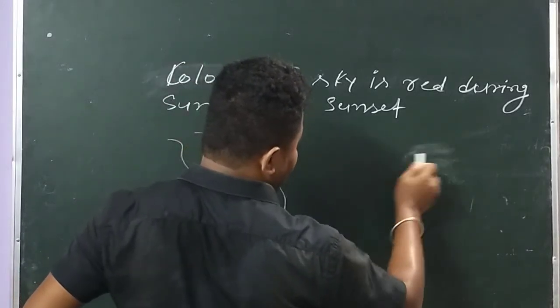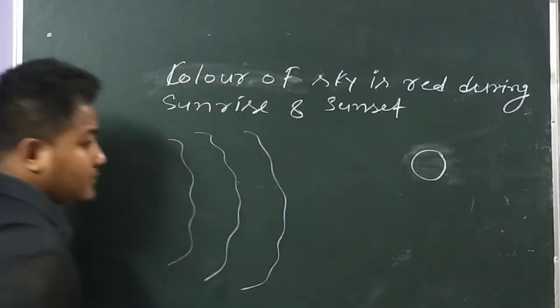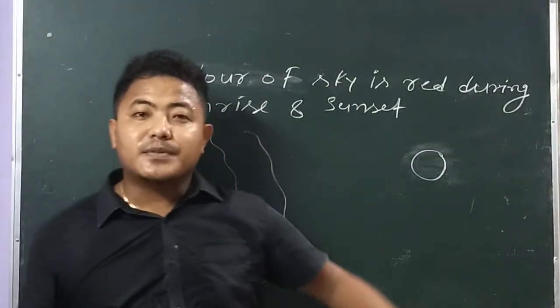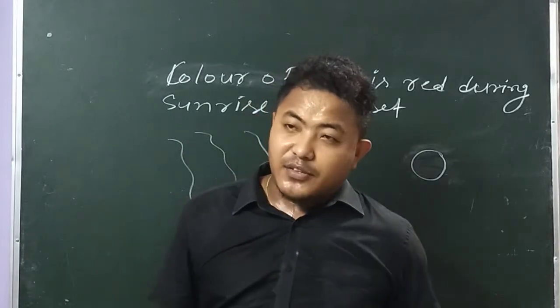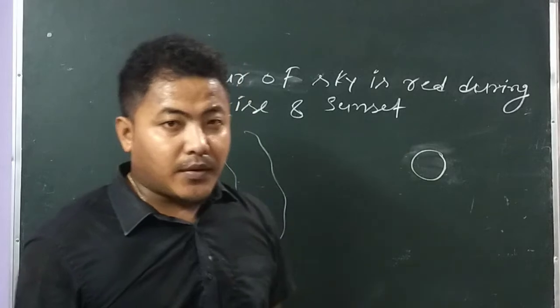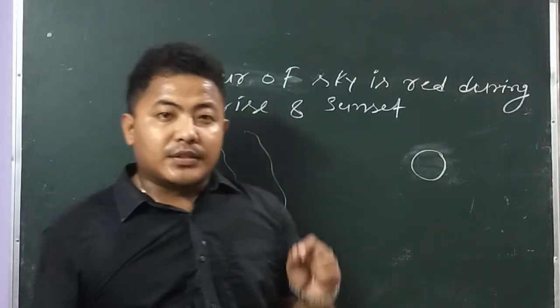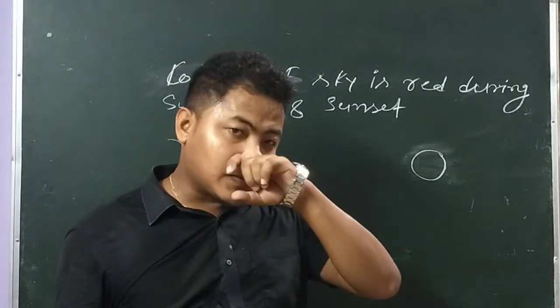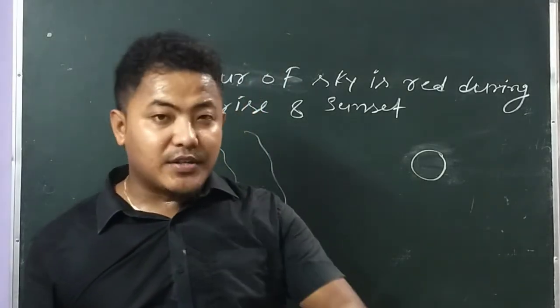Okay, this is the sun. That means in the time of sunrise and sunset, the position of the sun is close to the horizon. Remember, during sunrise and sunset, the sun is close to the horizon.